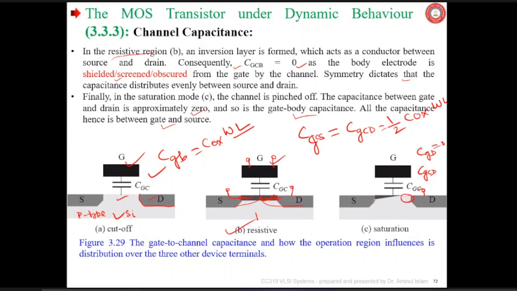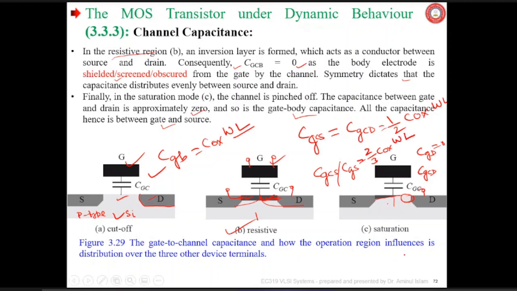But here, since this region has gone beyond the middle point, the value is CGCS, or let me write CGS as we have already denoted, equal to 2/3 of Cox WL.